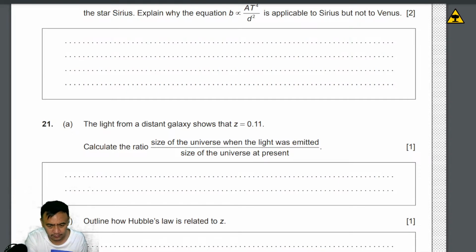I don't know which one to use. Okay, light from a distant galaxy. You're going to need to open up the data booklet here, as I mentioned earlier, right? Yeah, I have it open. Okay, physics data booklet. Let me open my copy as well.